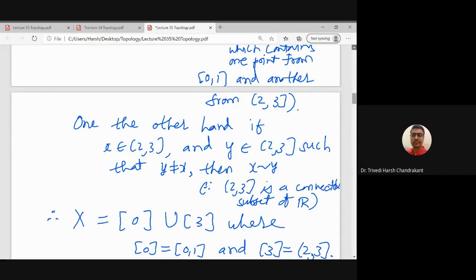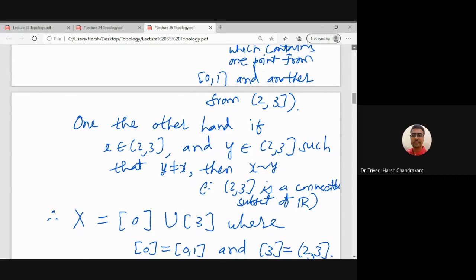separation of X. And we have seen one result just now, that if I have any connected subset of X and X has a separation U1, U2, then that connected subset will be either contained entirely in U1 or entirely in U2.